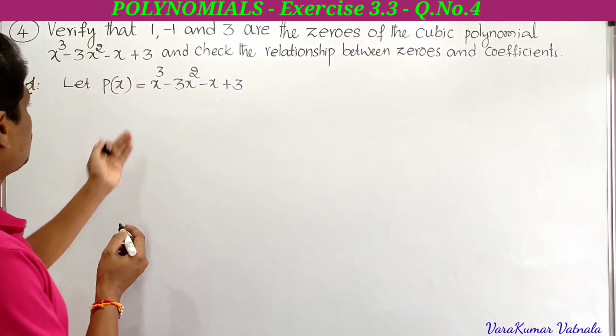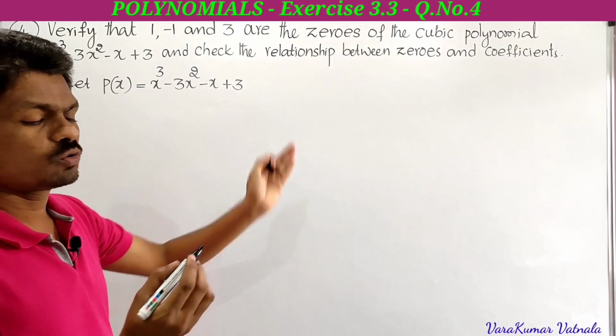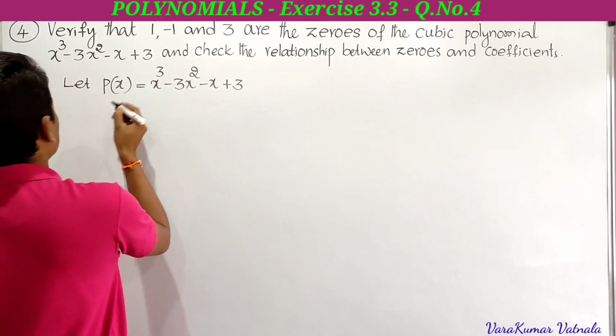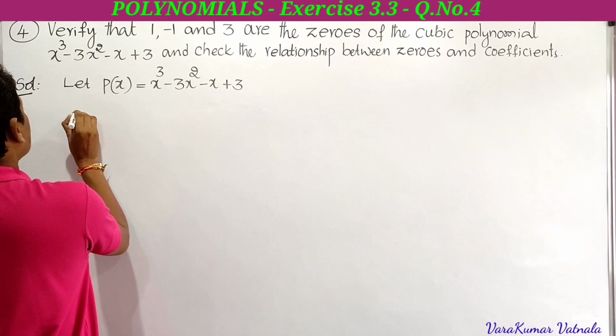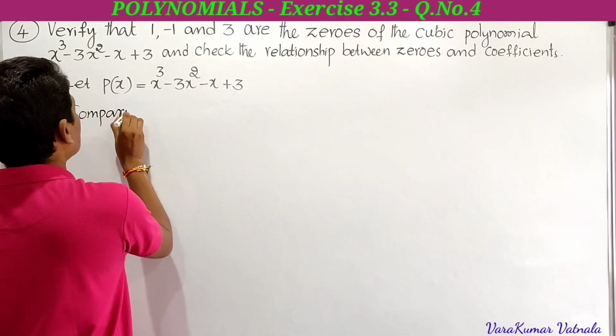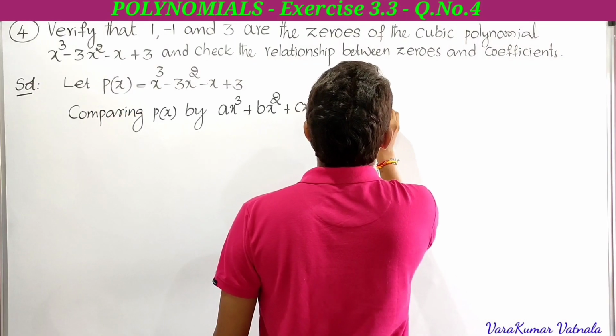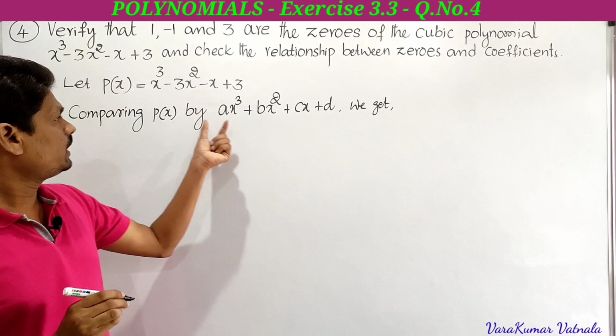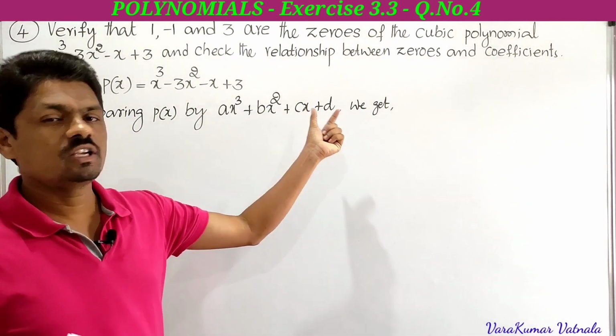So for that we have to compare this p of x with ax cube plus bx square plus cx plus d. So we can get the coefficients. See here, comparing p of x, we have to compare with ax cube plus bx square plus cx plus d.